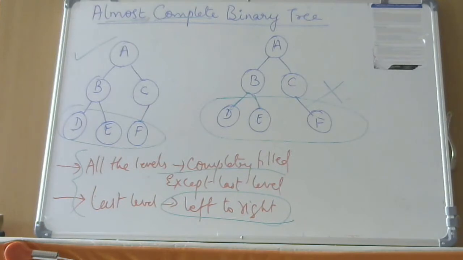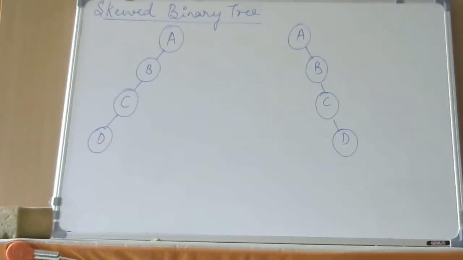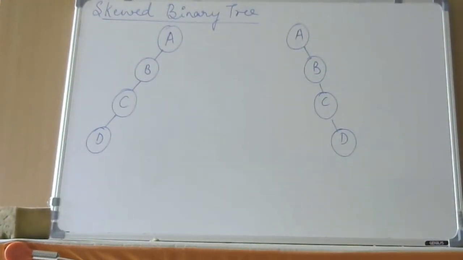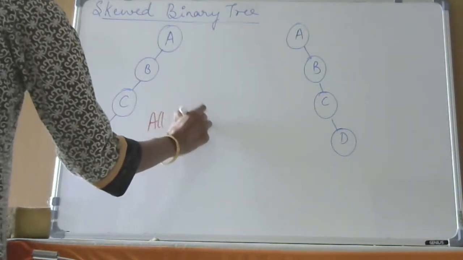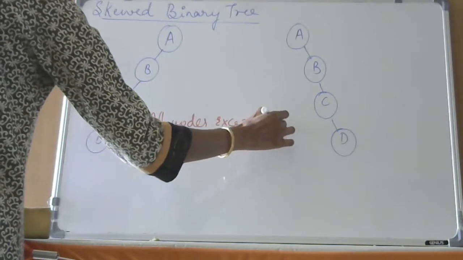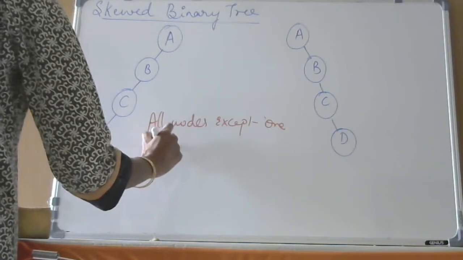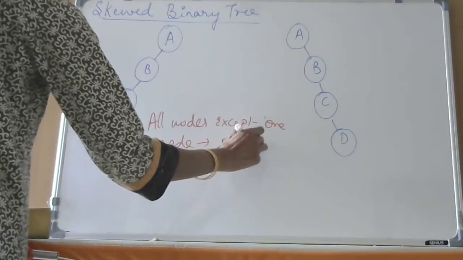Next we will see what is a skewed binary tree. Okay. What is the condition for a skewed binary tree? A skewed binary tree is one where all the nodes except one node, that is your root, should have only one child.